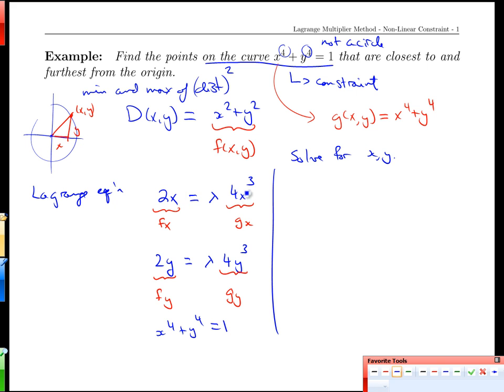The first equation here, let's give these numbers, 1, 2, and 3. The first equation gives us one answer really easily. If x was 0, this would be satisfied.